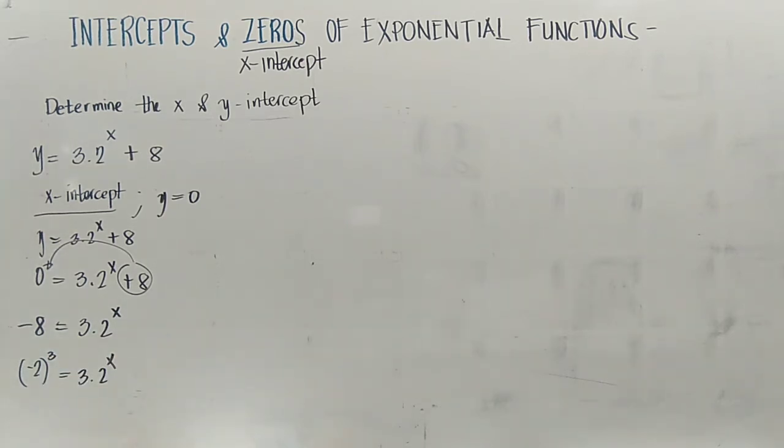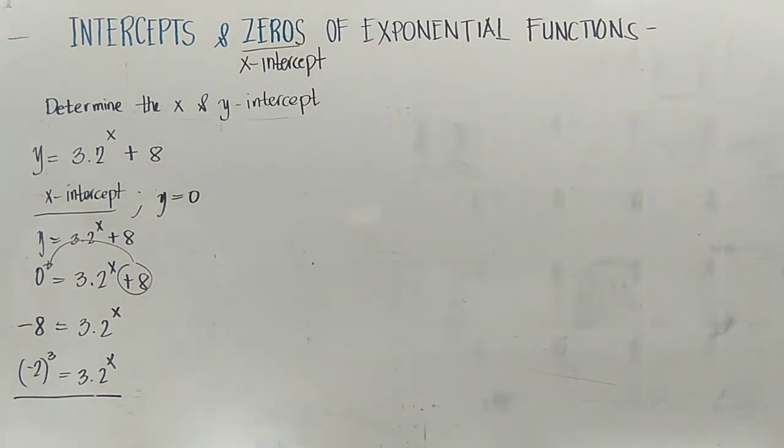Copy. So in this form, if you try to analyze, there is no way that we can write the bases as equal bases. Okay? We cannot make 3.2 and negative 2 raised to 3 the same base.